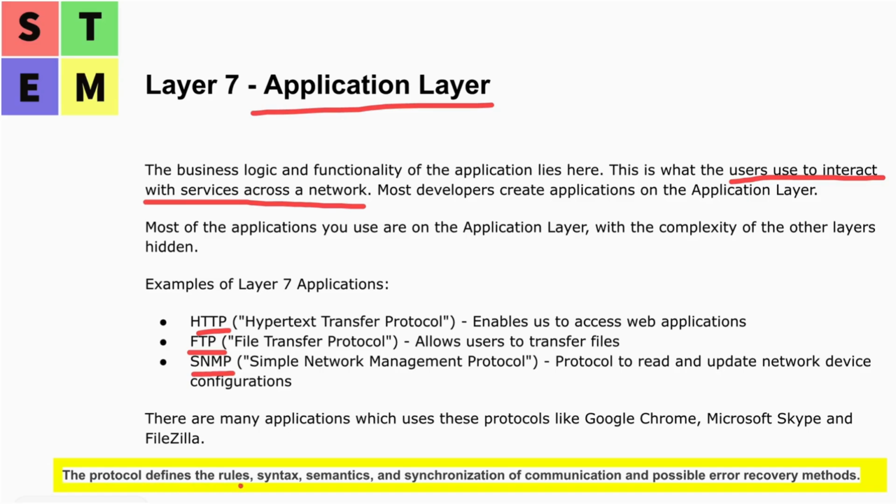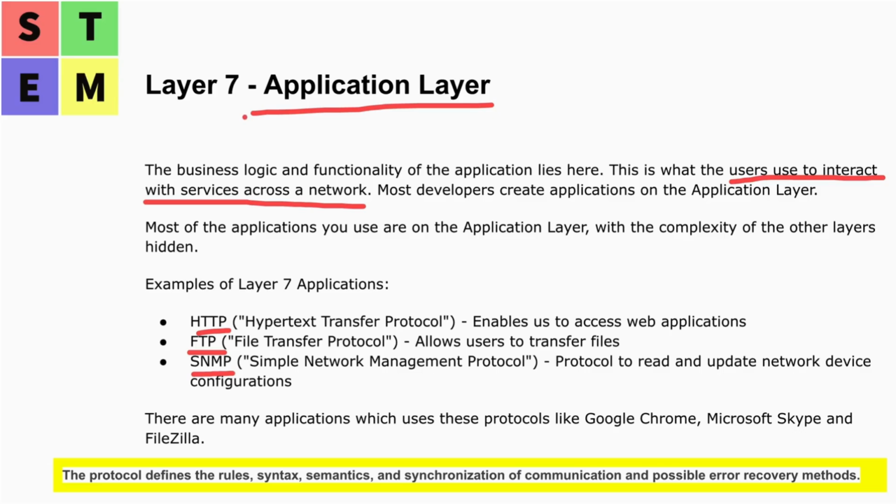The protocol defines the rules, syntax, semantics, and synchronization of communication and possible error recovery methods. So that's something defined for the applications to program, and everyone follows certain rules and syntax so that the applications can communicate with each other.